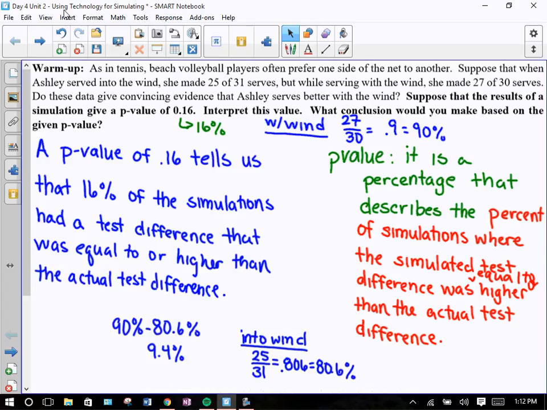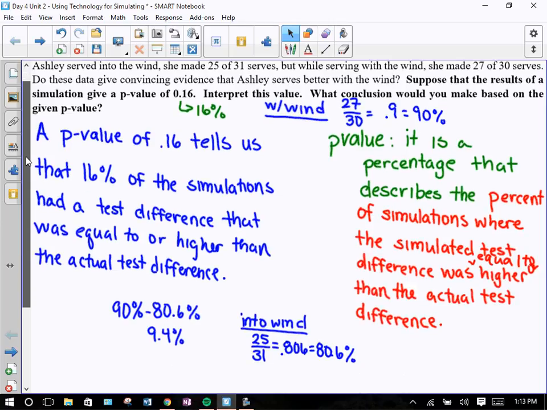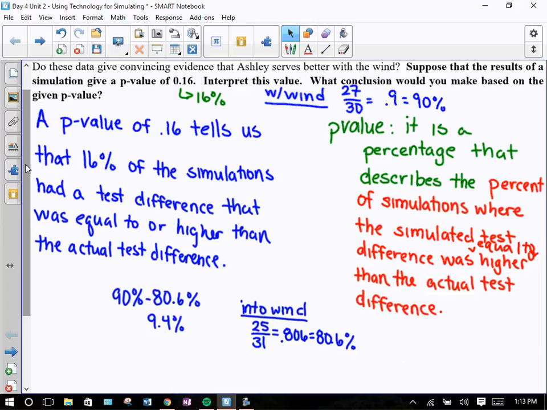That's the actual interpretation part of the p-value.